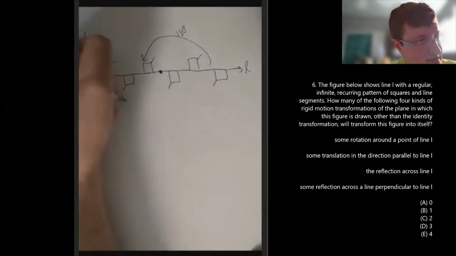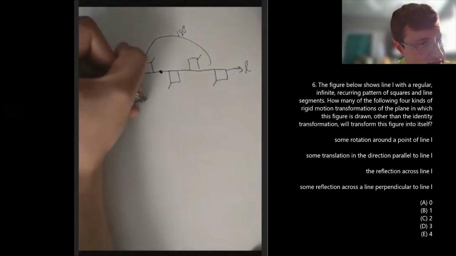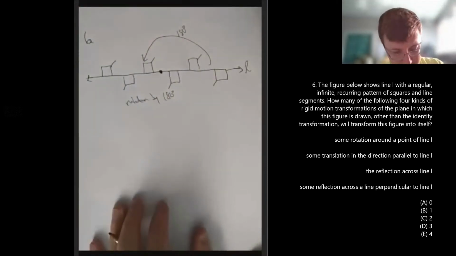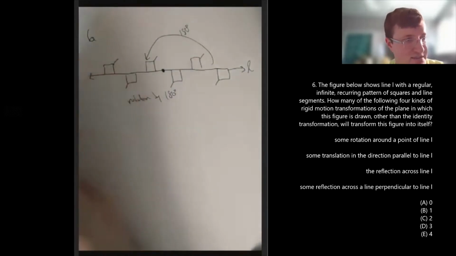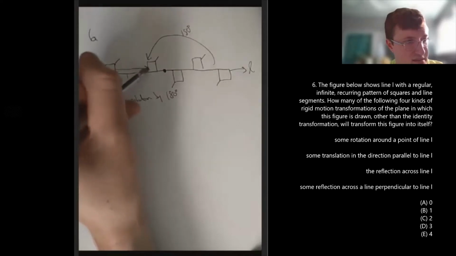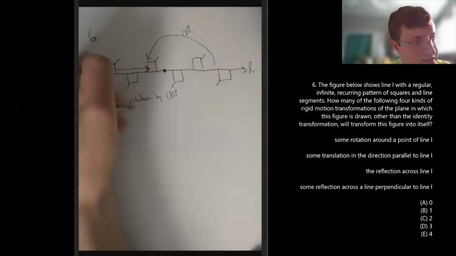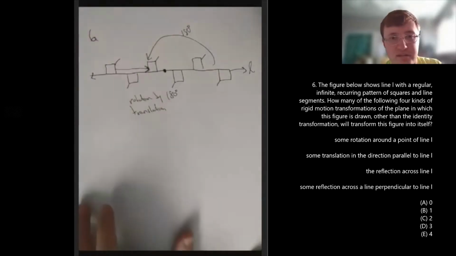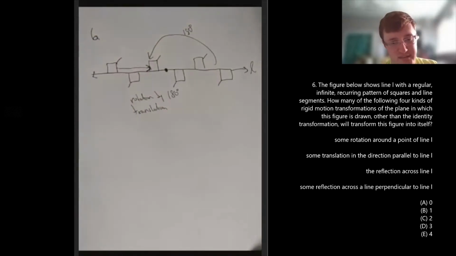So rotation by 180, so that should work. Some translation in the direction parallel to line L. Well, yes, if I translate it over this distance so that the squares line up again, that'll work. So translation works.